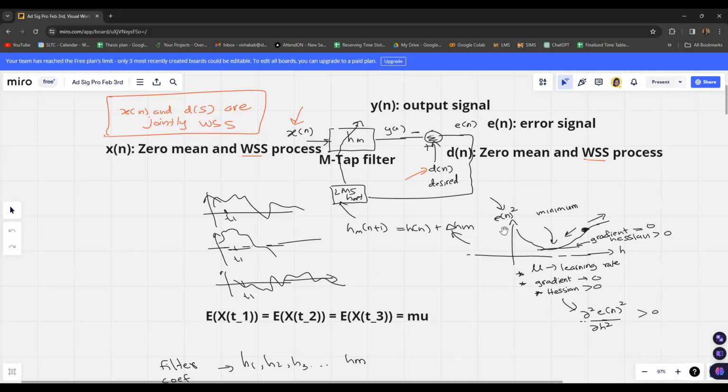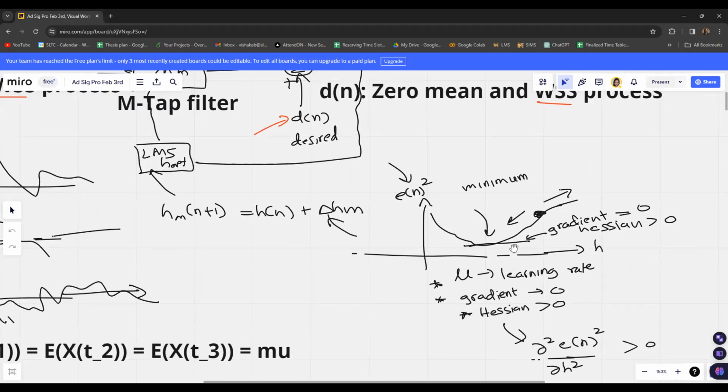The graph here shows that the error signal's amplitude changes with the values of the filter coefficients. So the target is to find the place where the error is minimum in this graph. Based on the filter coefficient values selected, the resulting error will be along this distribution line.